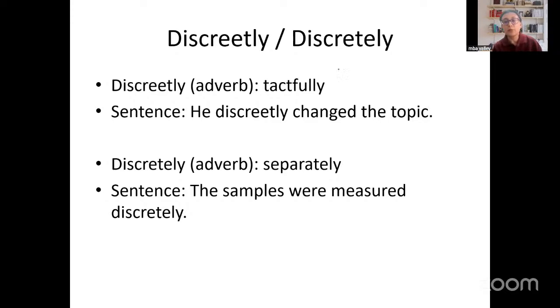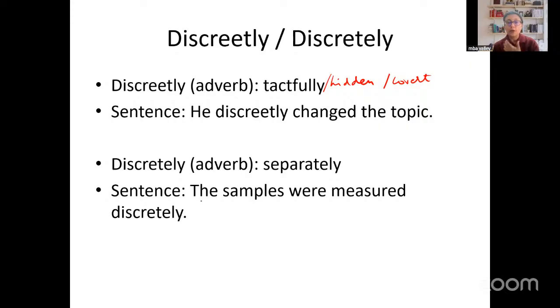Discreet is something which is hidden, which is covert. जो चुपचाप दबे पांव किया जाए, जो चुपचाप बिना आवाज के किया जाए. He discreetly changed the topic, right?